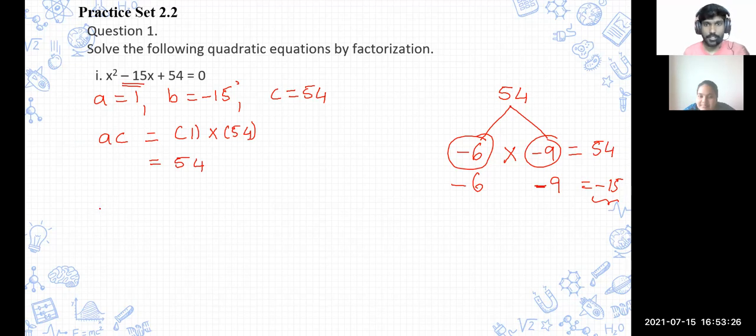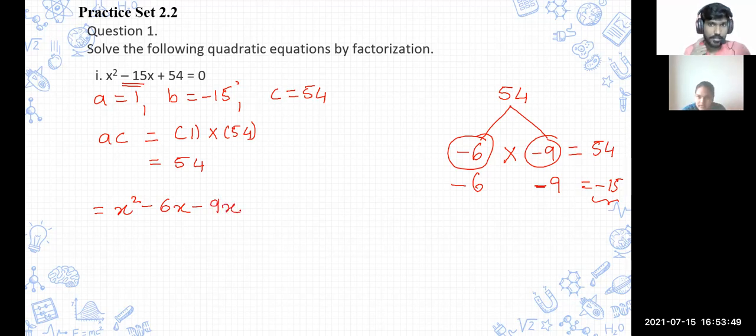So let's start solving. You write this x square as it is. Now, instead of the middle term, that is minus 15x, you have to write the two new terms, minus 6x minus 9x plus 54. Don't forget to put x.